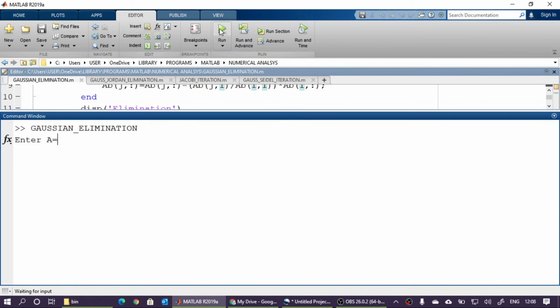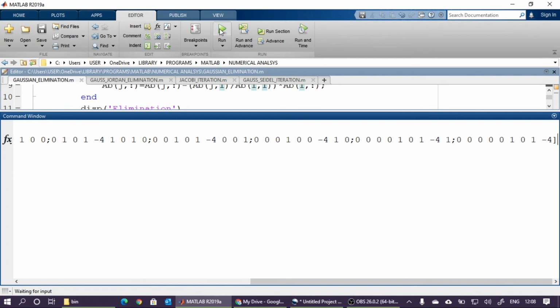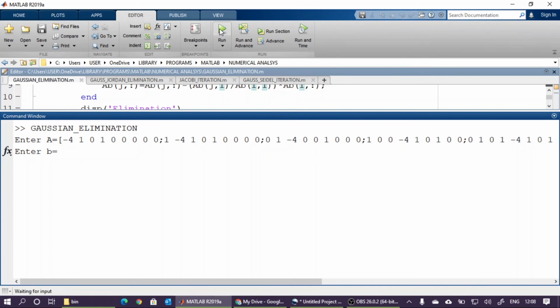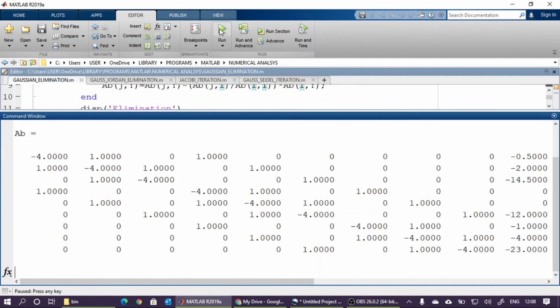So we already have the system. This is A. A is entered. Then B. This is B. This one is the augmented matrix.